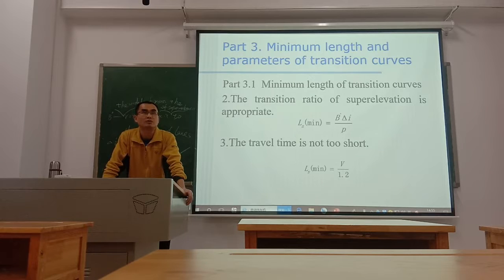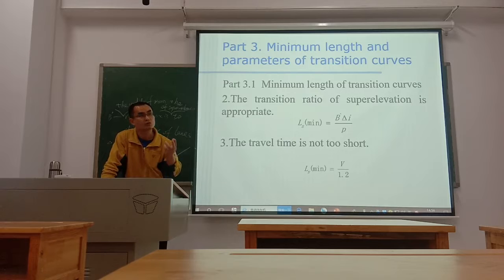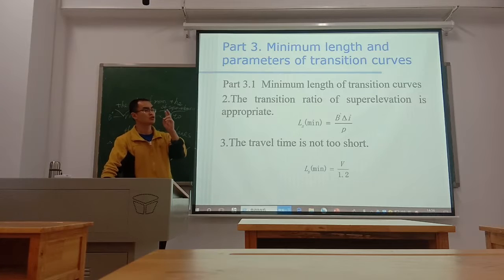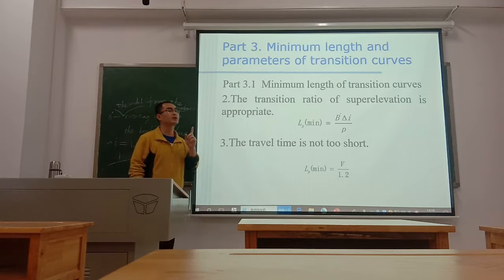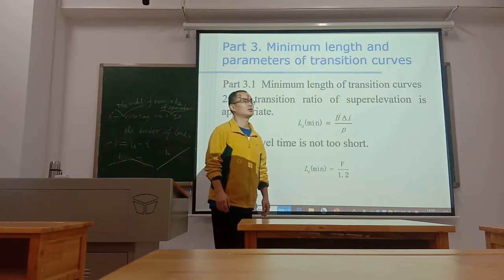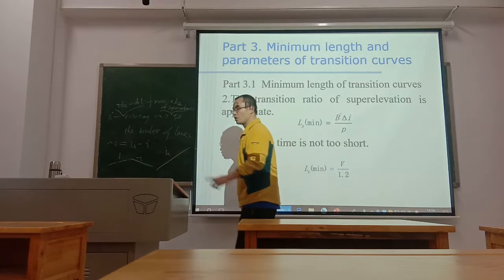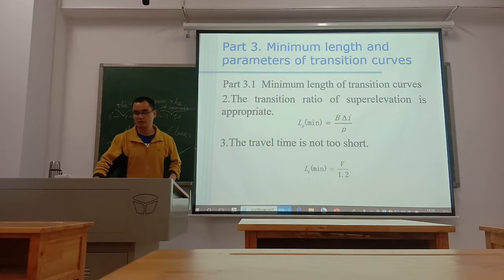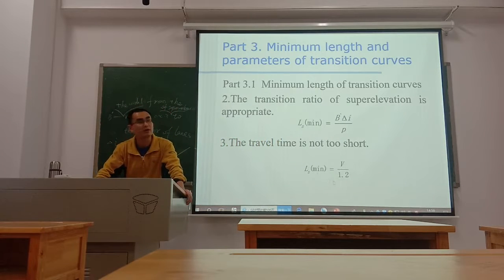We must keep the vehicle running at least 3 seconds on the clothoid, or transition curve. So we can get this formula.